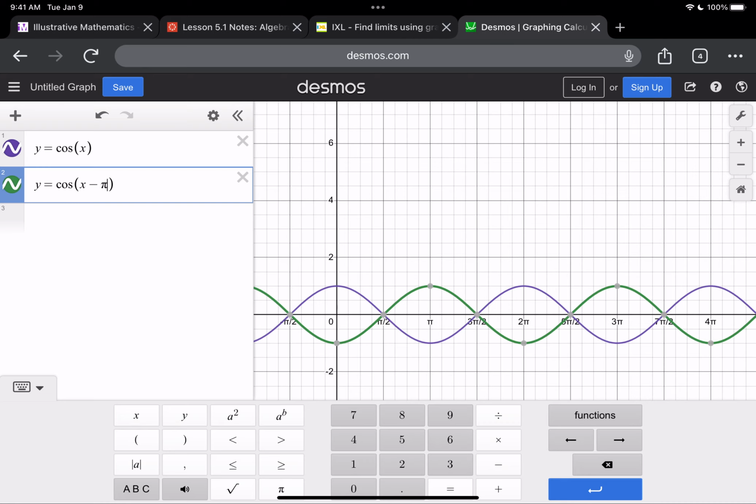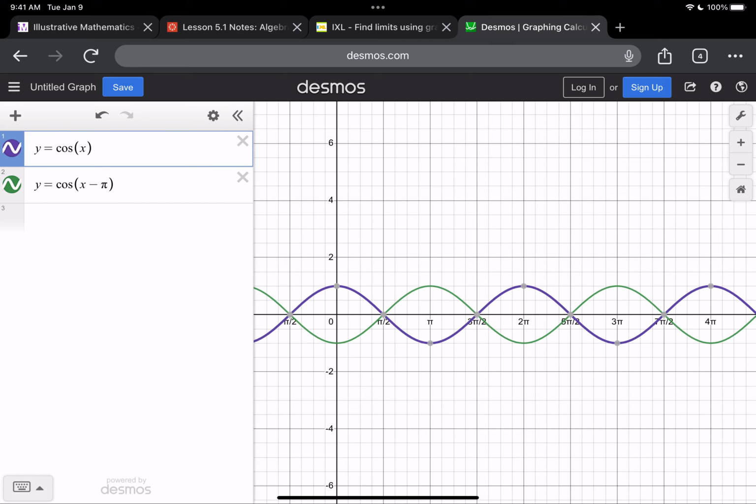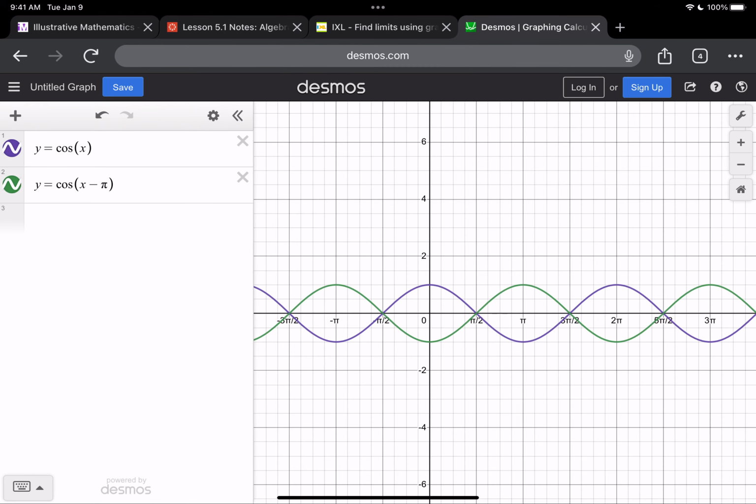But what I want you to see is that the graph normally starts right here at 0, 1, and now it starts at pi, 1. So I went to the right pi. Now, you could also make the argument that it actually went left pi as well, but that's just because it's periodic, so it repeats in both directions. But what we intended to do is to make it shift from left to right. So it went from 0 to pi. So it went right pi.